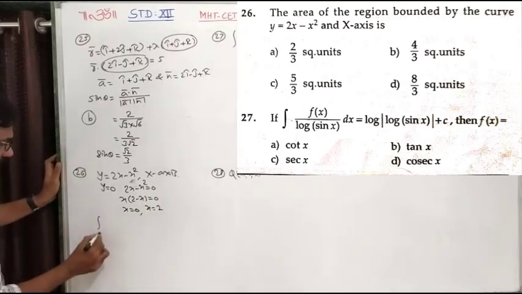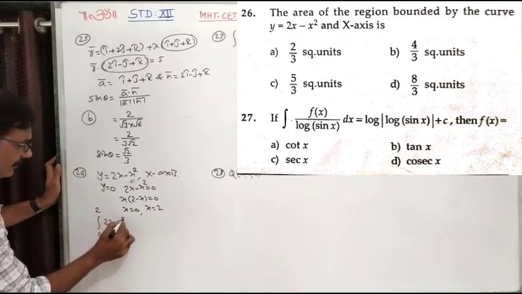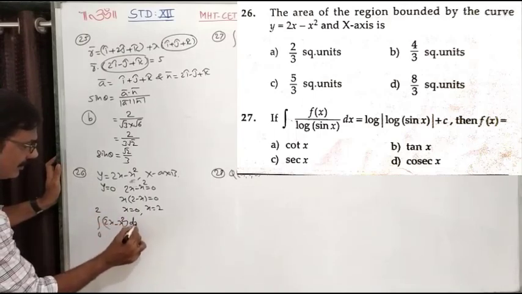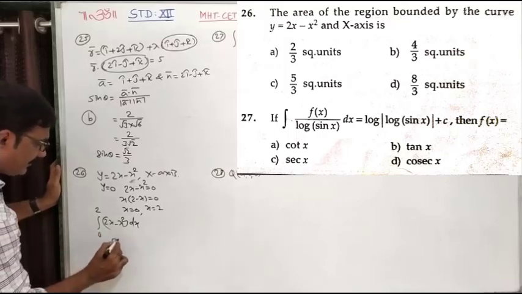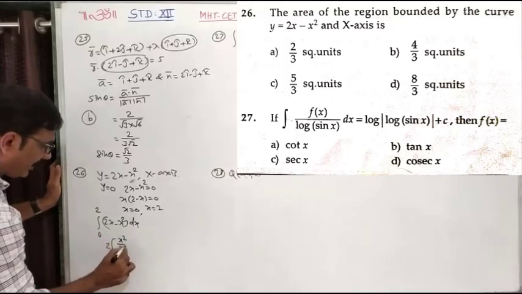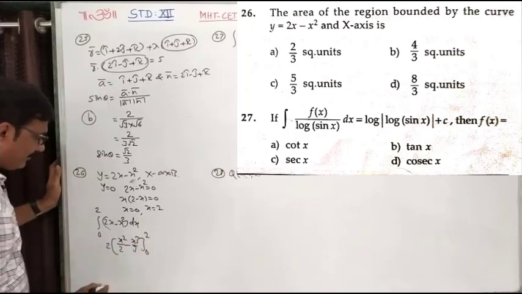So integration from 0 to 2 y dx. 2 is outside, so x square upon 2, x cube upon 3.